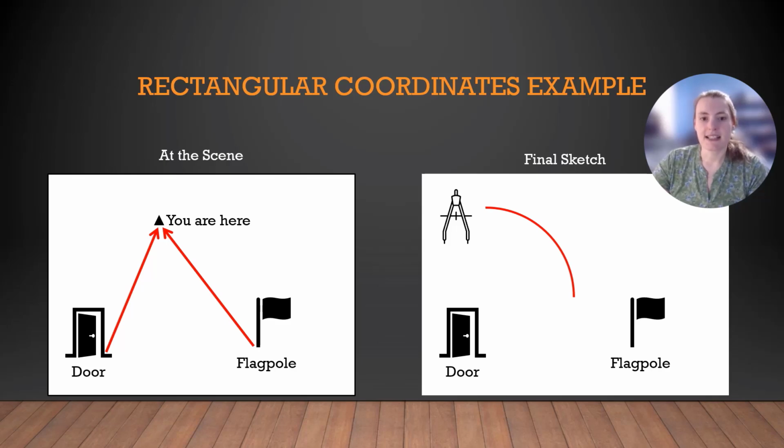This represents the line of possibility from that single point, from the door. Now you're going to do the same thing for the flagpole, once again widening the protractor so that it represents the correctly scaled distance between the flagpole and your original position, and you draw a second arc. Where those two arcs meet is where you were standing originally. Erase those two arcs, and you have the perfect sketch.